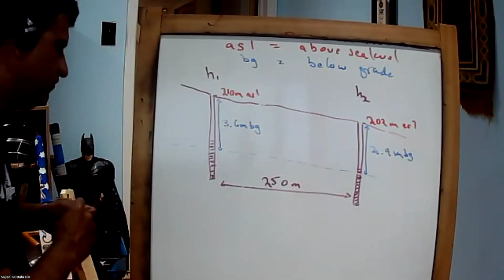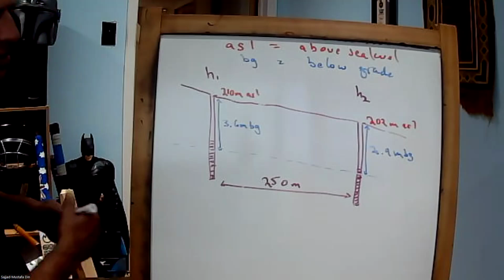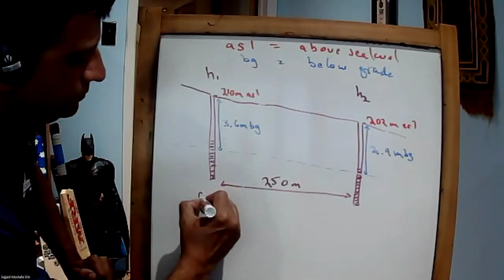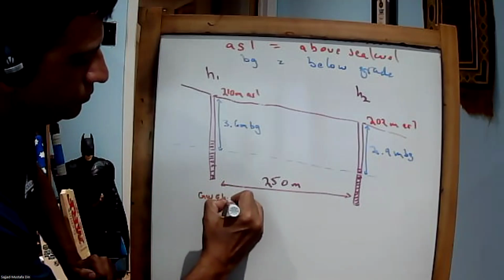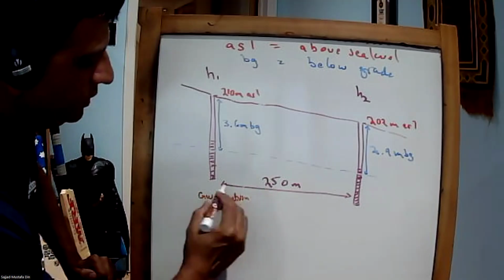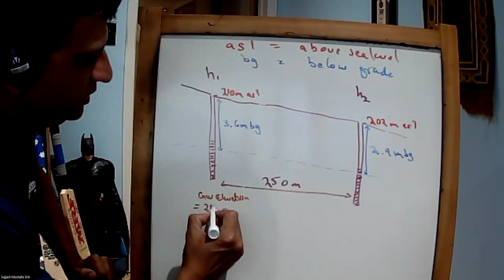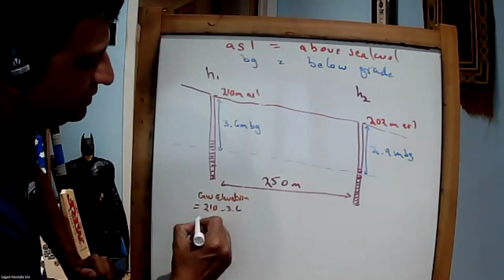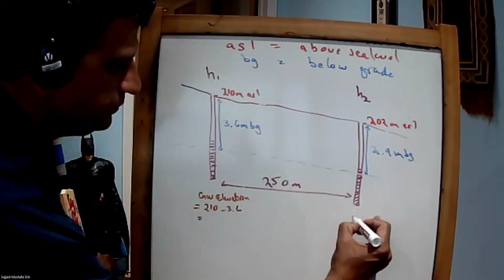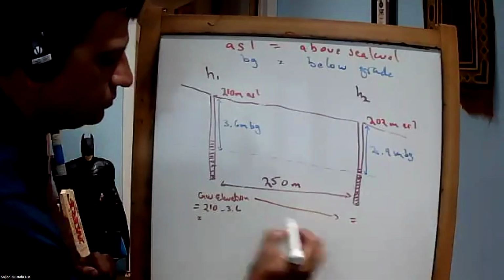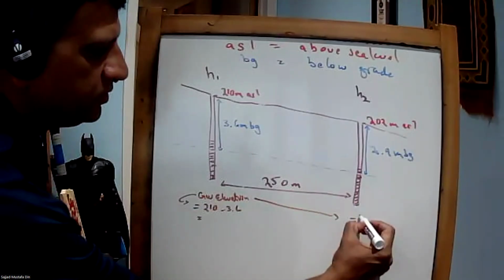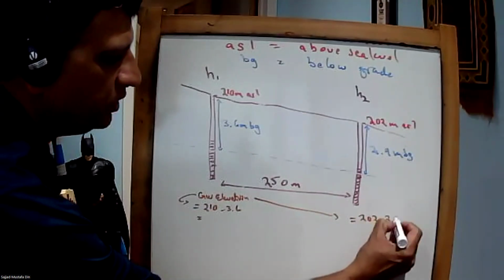The groundwater elevation here is equal to 210 minus 3.6, and here it is 202 minus 2.9.